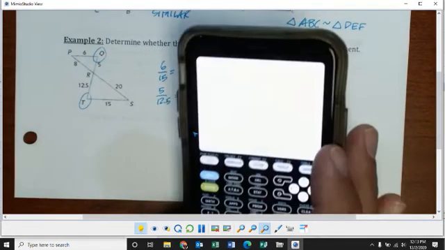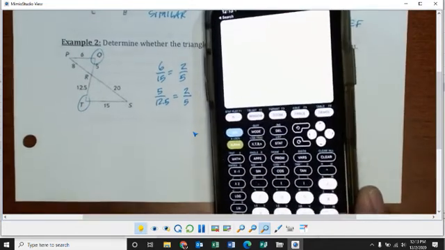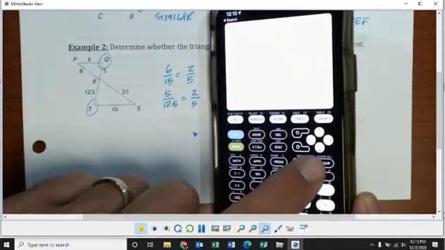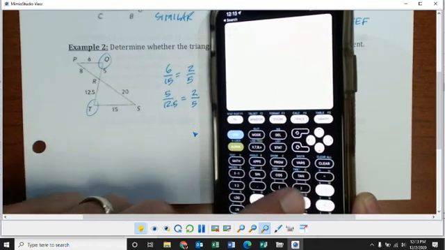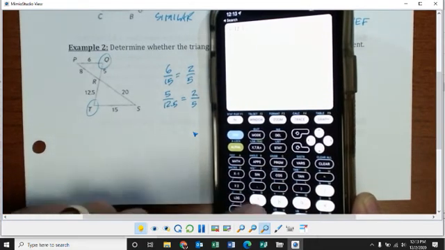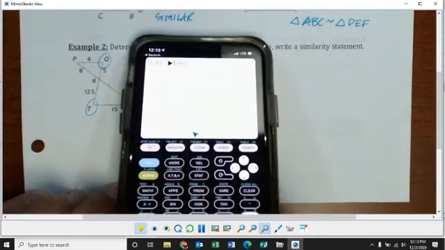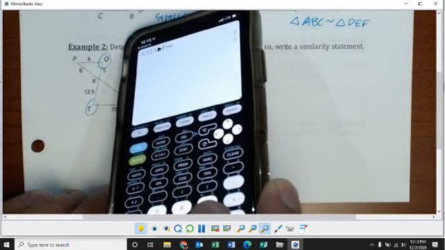And it's open. There it is. So kind of hard to see, but if I do 5 divided by 12.5, and I'm going to go math, enter, enter, and it tells me that it is 2 over 5. There it is.